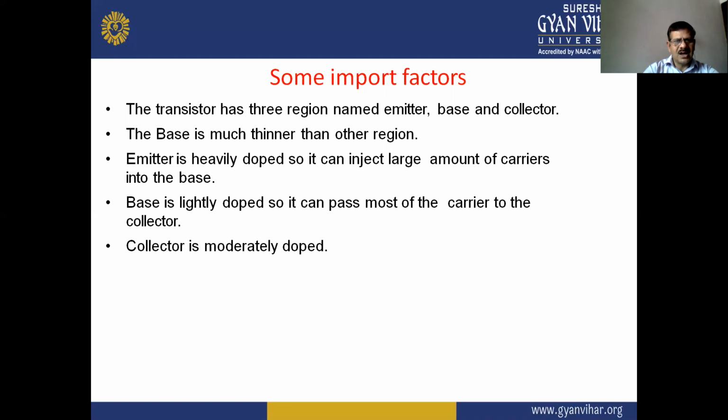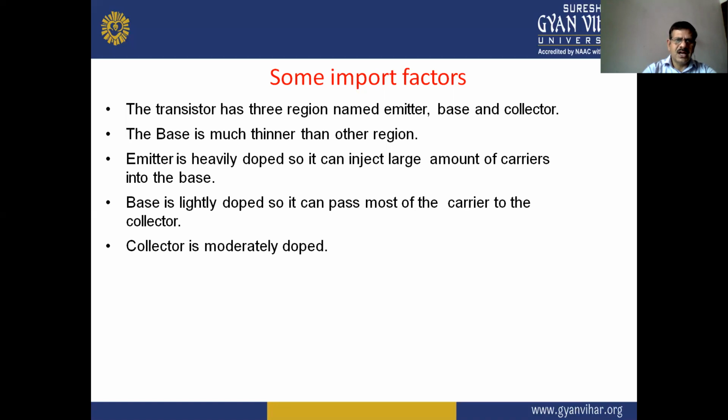So we kept the width of the base region small as compared to the collector region or emitter region, so that it can pass most of the carriers to the collector terminal.